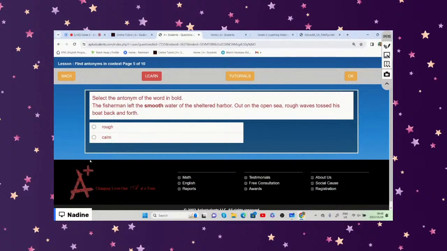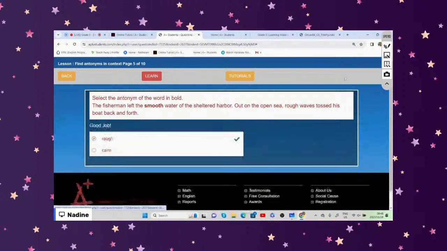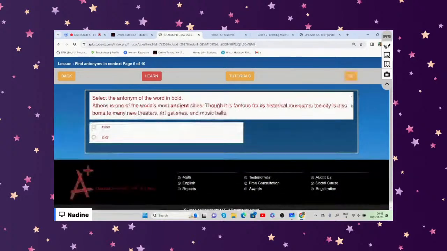What is the opposite of smooth? Is it rough or calm? We can say the opposite of smooth is rough. And rough is correct. So well done.